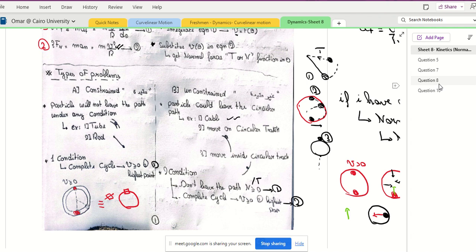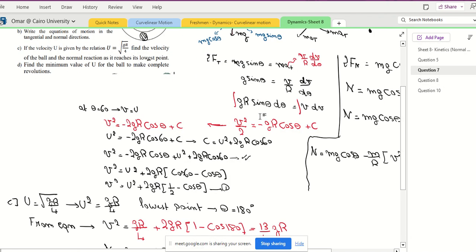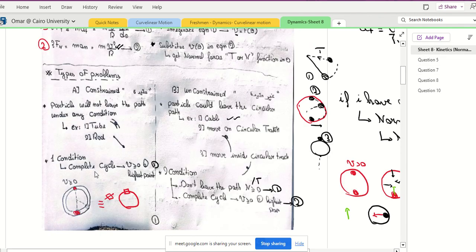So this one is constraint. When we have constraint, we just need to check only one condition: V is greater than 0.